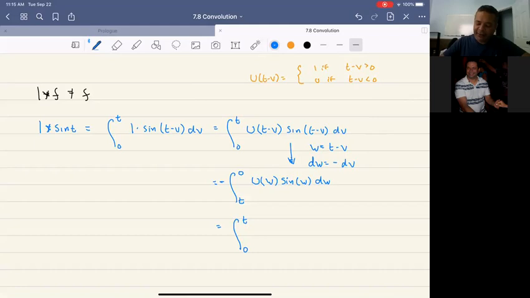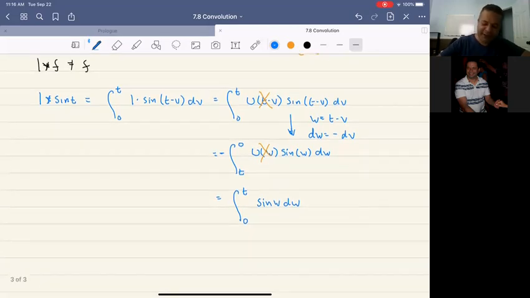I added it in order to get that integration going, but I really didn't need to add it in. So now I'm going to switch the integral, and I'm going to have the integral from 0 to t of sine of w dw.